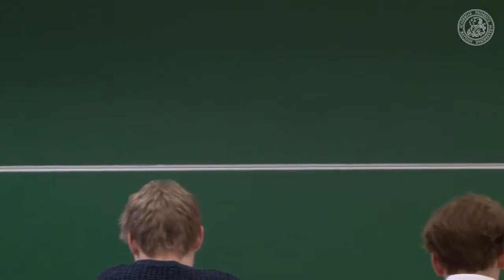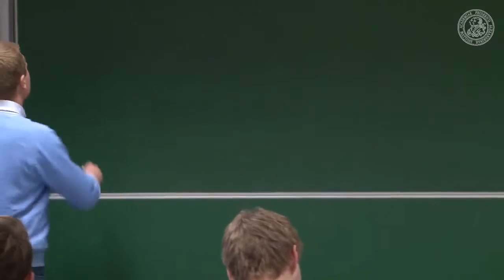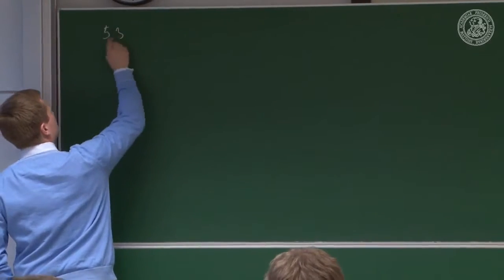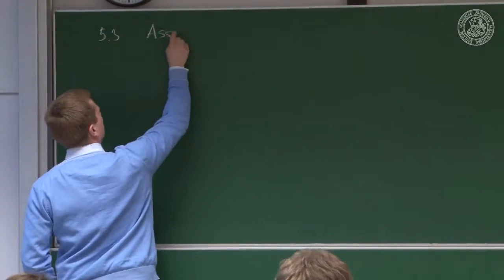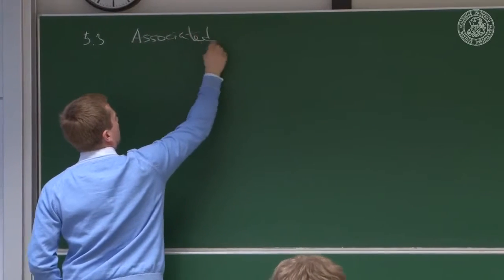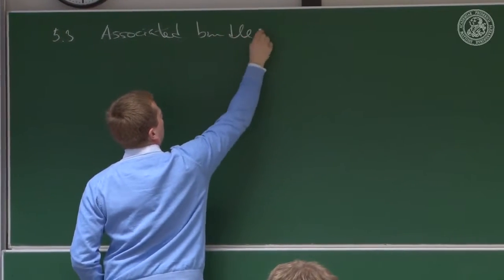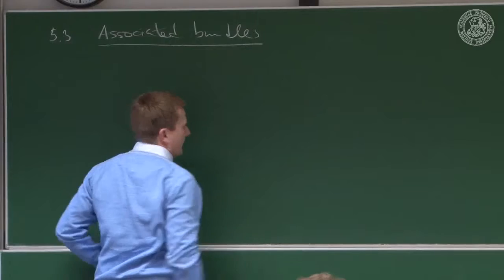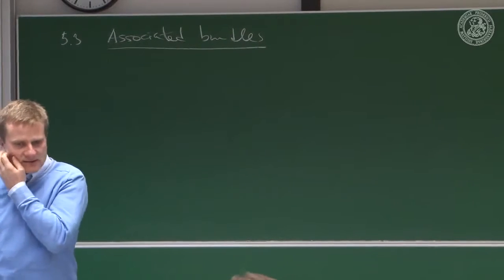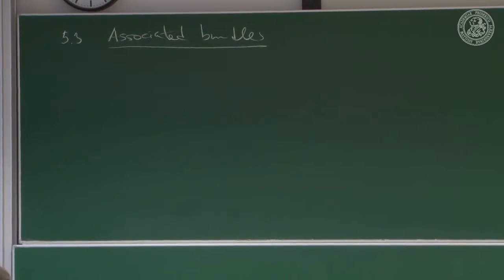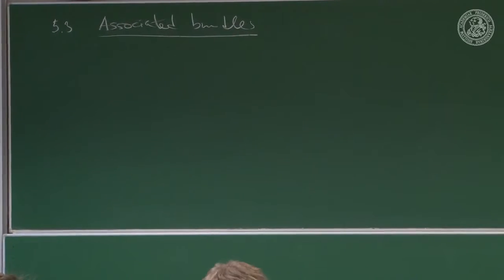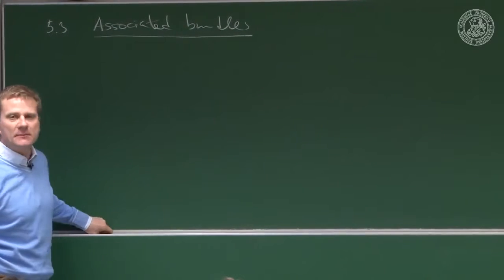Today we'll turn to the discussion of associated bundles. That's section 5.3. An associated bundle is a bundle that's associated in a certain precise sense with a principal fiber bundle.